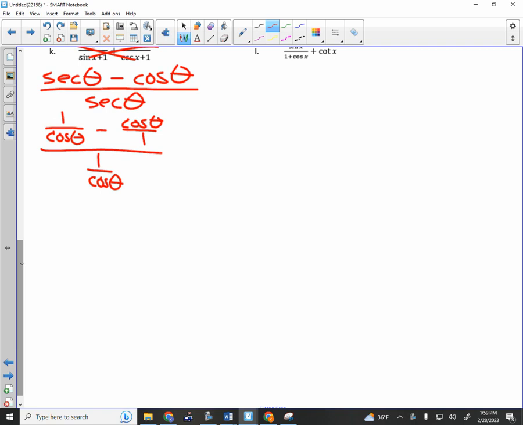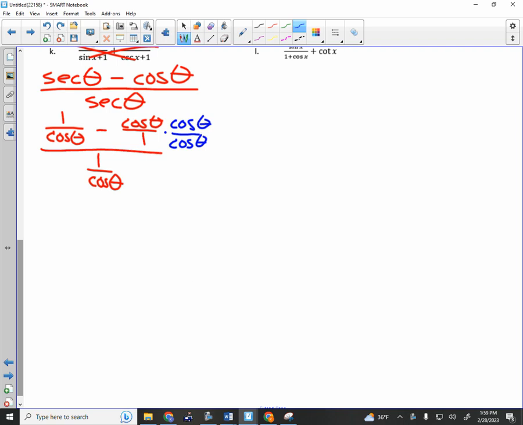Eventually, we'll multiply by the reciprocal, but first we need to get the top down to 1 fraction. So we're going to have to find common denominators. As we glance ahead, when we find common denominators, what is that going to create for us? A cosine squared. So already I like this option because I see I'm creating a cosine squared.